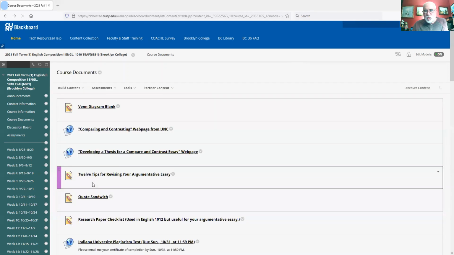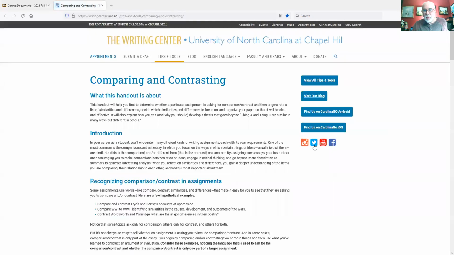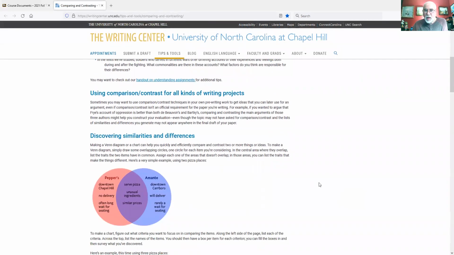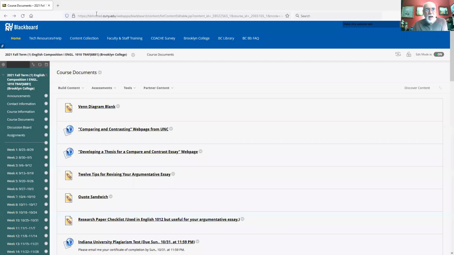There are also two web pages to help you. There is the comparing and contrasting web page from University of North Carolina, which, among other things, gives a simple example of how to do a Venn diagram using the example of comparing and contrasting two pizza joints. So you can take a look at that. I may come back to this briefly if we have time.